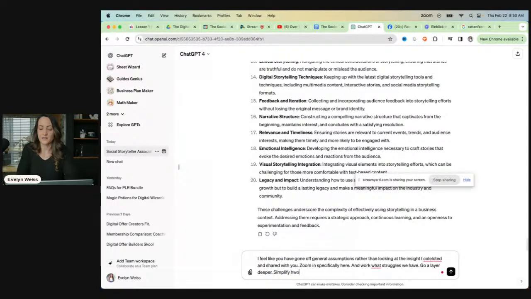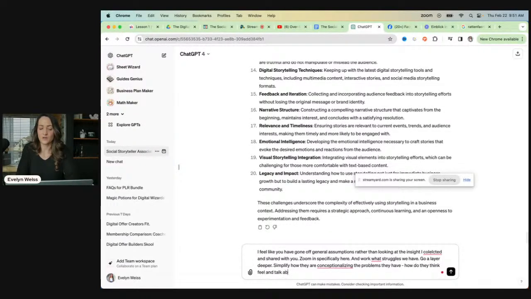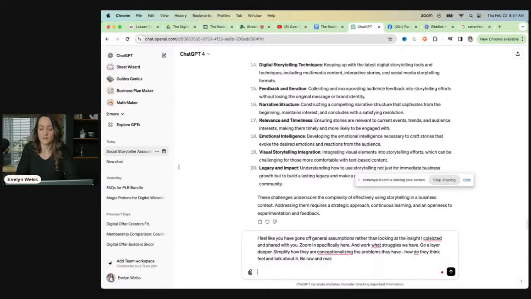Simplify how they are conceptualizing the problems they have. How do they think, feel, and talk about it? Be raw and real.